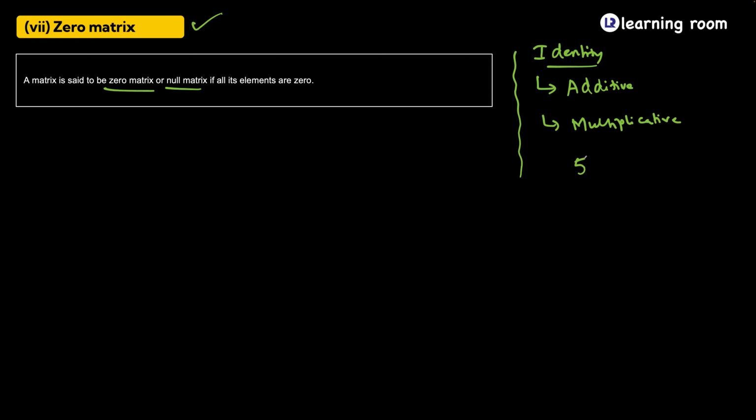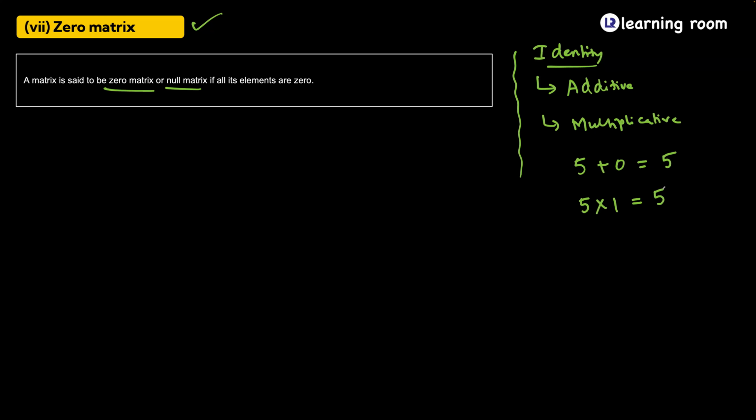Suppose I take a number 5. To this 5, if I add a 0, what am I getting back? I'm getting back 5. Then the 0 is called the additive identity because it is giving back the same number. Similarly, if I take this 5 and multiply it with 1, I'll get 5. The number which is multiplied with another number giving back the original number itself, this number 1, is called the multiplicative identity.